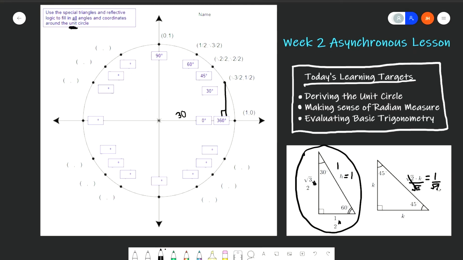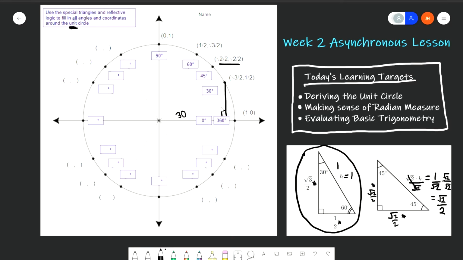Remember, that was where we multiplied the top and bottom of this fraction by that square root of 2. The reason we do that is because then when I multiply these fractions, I get 1 times square root of 2 is equal to the square root of 2, and square root of 2 times square root of 2 is equal to the whole number 2. So in the end, k would be square root 2 over 2. And that's where we got these coordinates here for the 45-degree angle, right?